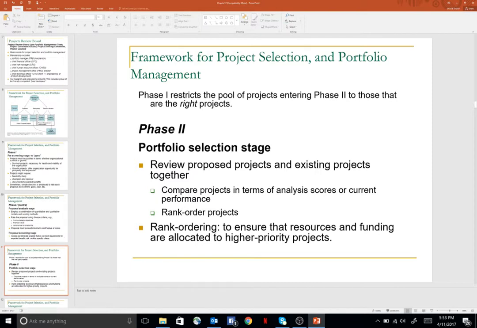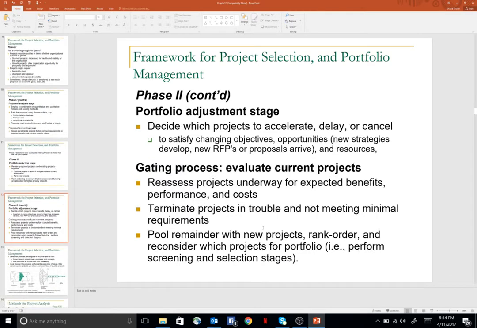And once again, it's very similar to, as I mentioned before, investment portfolio analysis, where you want to have a good mix of projects. We call that a diverse portfolio of projects that really show the flexibility of your overall organization. And then, we have what's called a gating process.